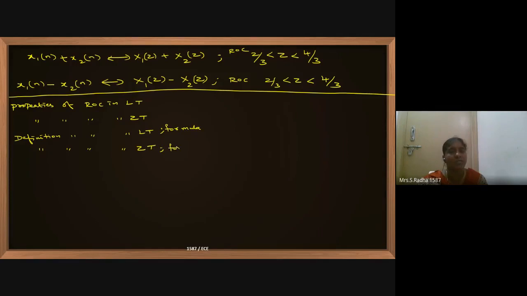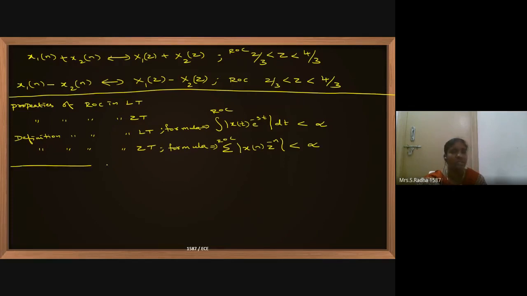What is that formula? The range of integration mod x of t e power minus st dt should be less than 1. Here summation mod x of n z power minus n, this value should be less than 1. This is the formula for ROC in Laplace transform and Z transform. So these things you kindly refer.